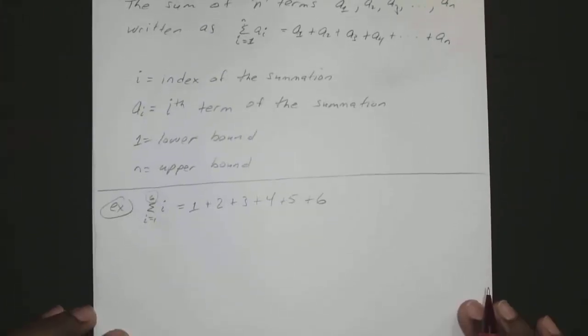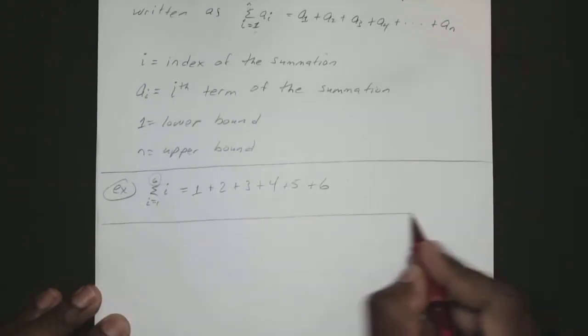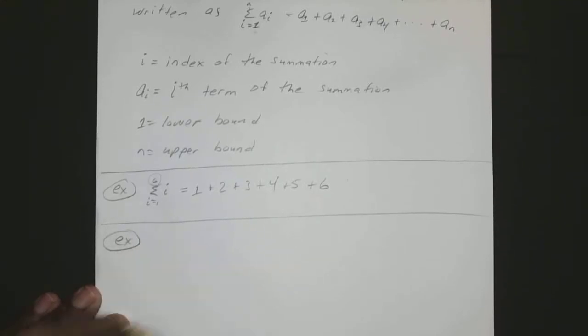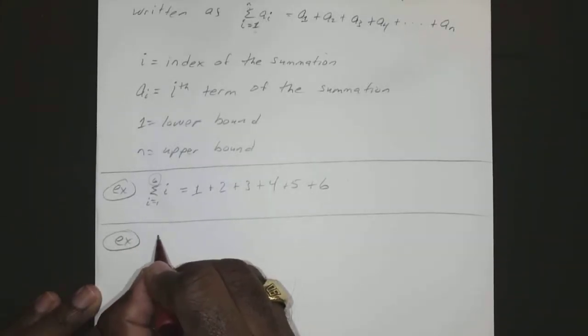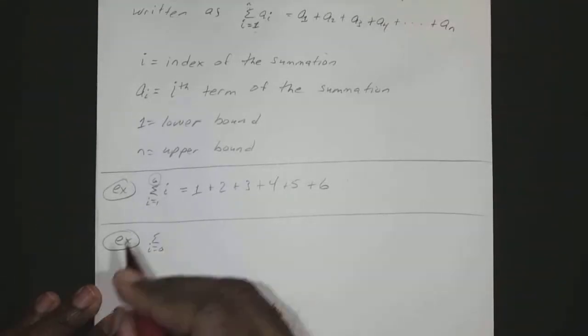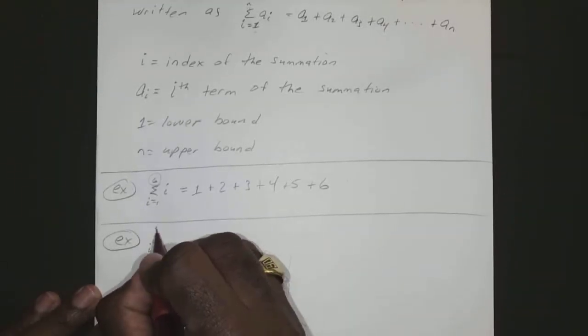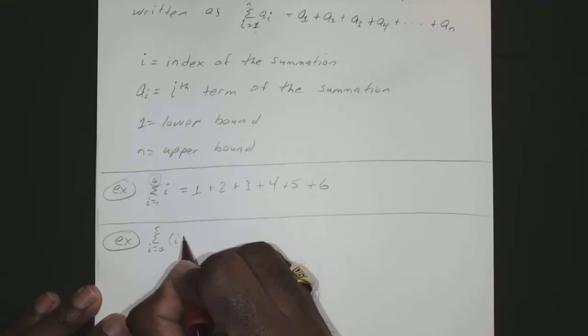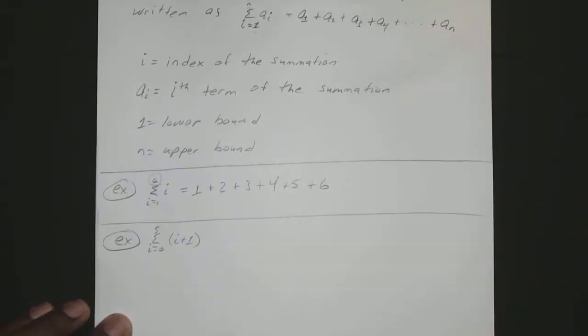All right, so let's say, for example, if we have the summation from I equals 0 to 5 of I plus 1. Okay, so with this one, we're actually going to start at 0.